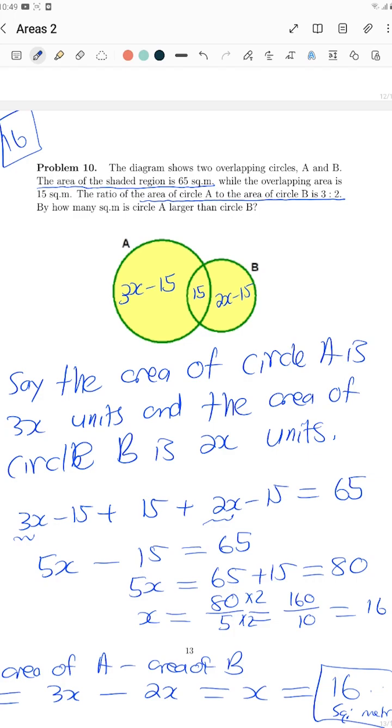The in-between calculations were slightly different, but the final answer, when the dust settles, was that circle A is 16 square meters larger than circle B. So especially in Olympiad problems, you have the freedom to solve problems in multiple ways, but if it's a numerical problem, at the end of the day, you will get the same numerical value.